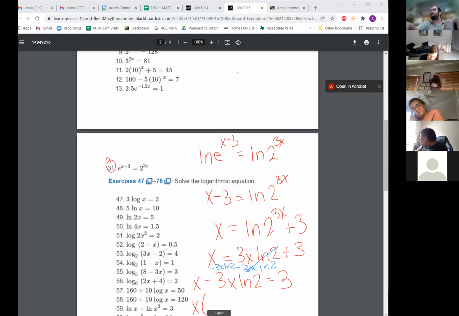Now you get x divided by x, we factored out the x, so that'll just be a 1, minus 3 ln 2 equals 3. We factored out an x, GCF, like 2 or 3 units ago when we learned factoring. All right, now what do we do, Vanessa? We're almost there. Last step.